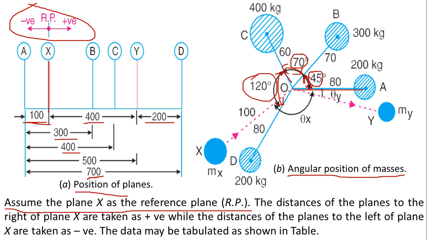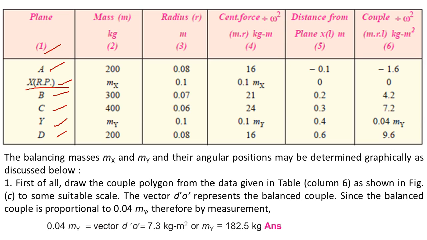Next, mass value is already given, right? A, B, C, D masses are given. So A is 200 kg, B is 300, C is 400, D is 200, and these two are unknown masses, meaning you have to find out the values of mx and my. So we keep it as it is, mx and my.